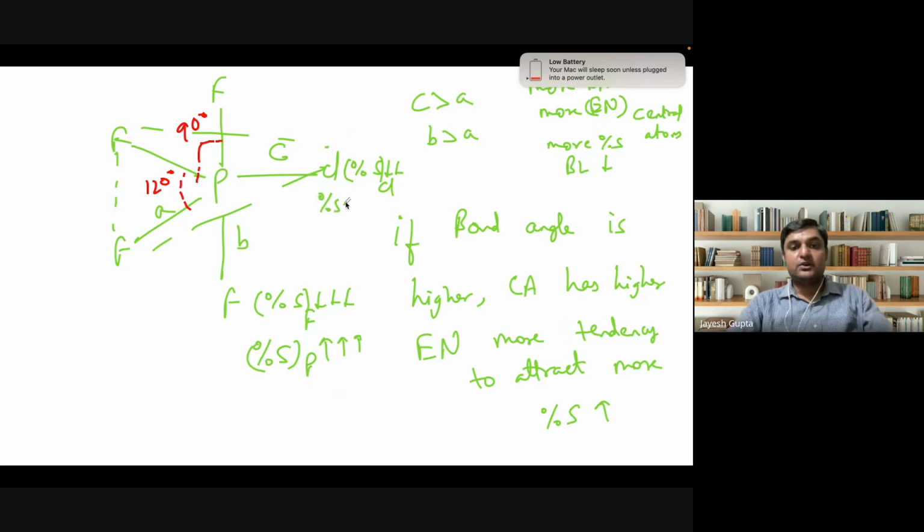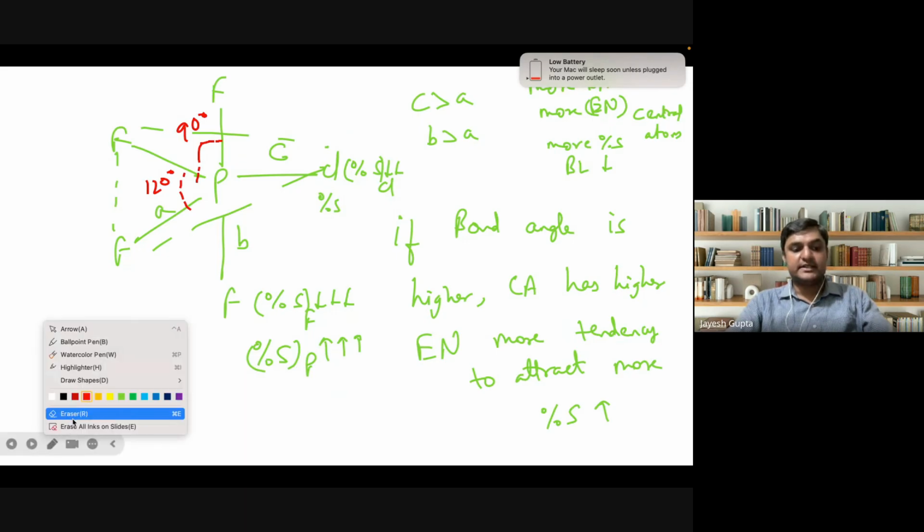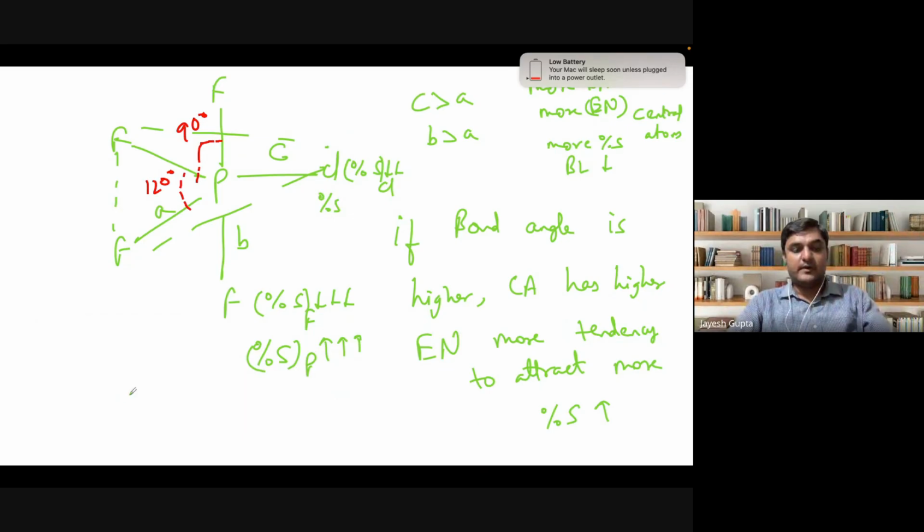Here also percentage S of phosphorus, because through the central atom we are seeing. So you can see for phosphorus here it is raised by an extra extent. So between B and C, B will be shorter. So you will get it like this: C, B, A.